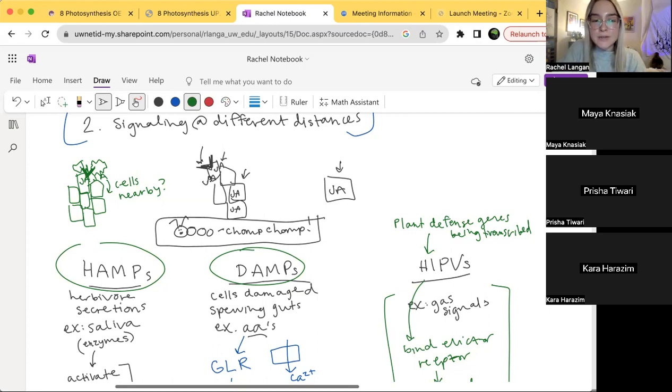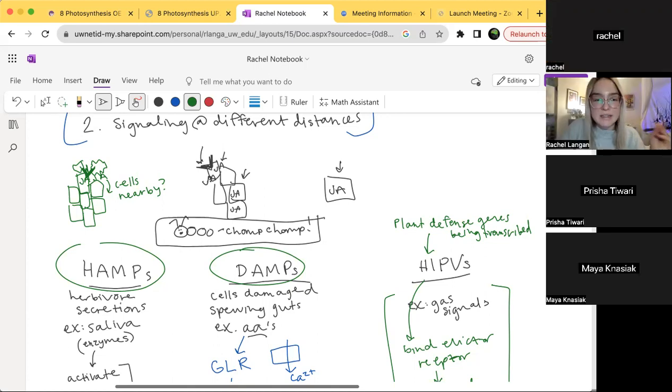We would narrow it down for you. If it was a saliva secretion, you would say it's a HAMP. If it was cell damage, you would say DAMPs. If it was herbivore saliva, you would say HAMPs.